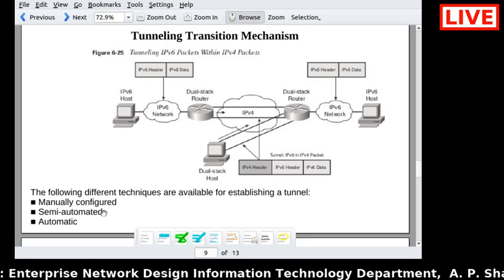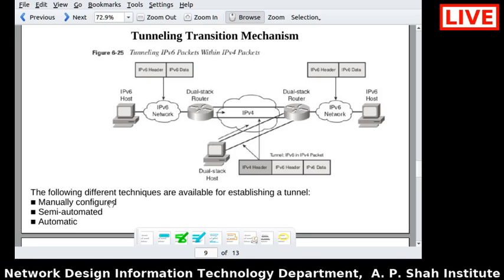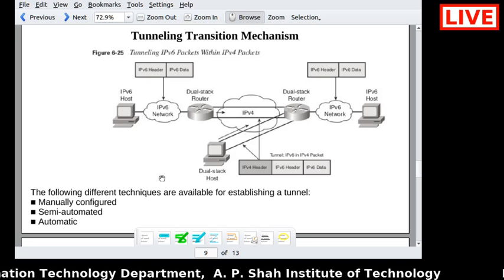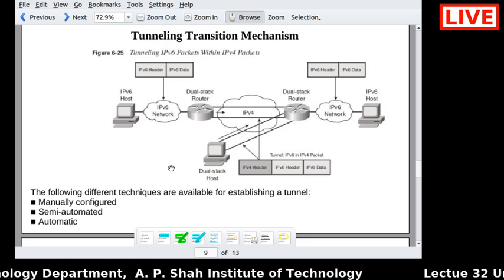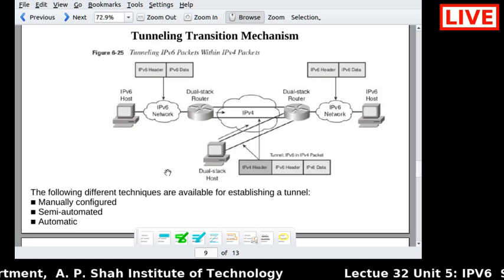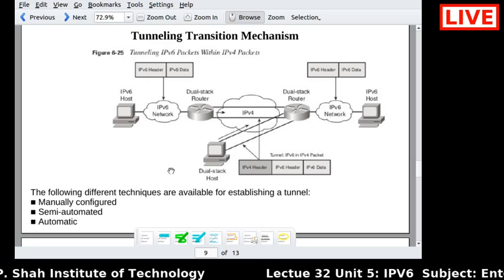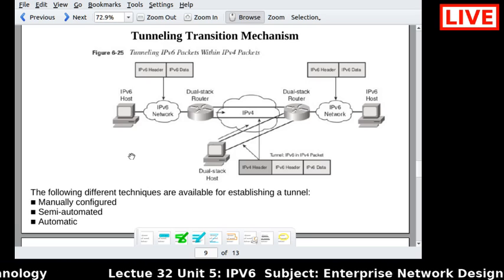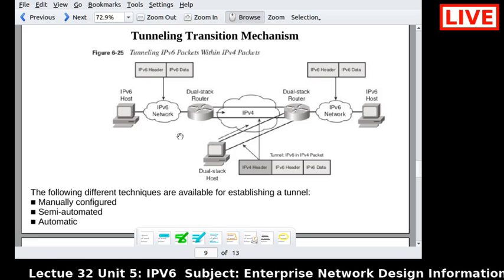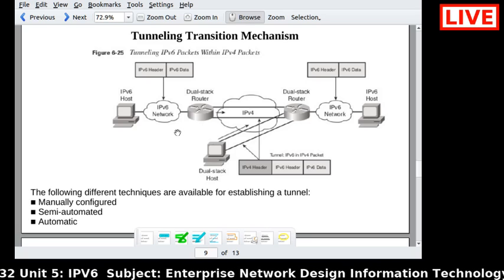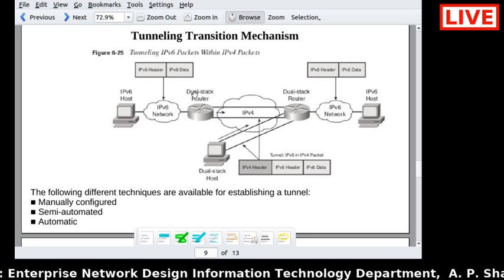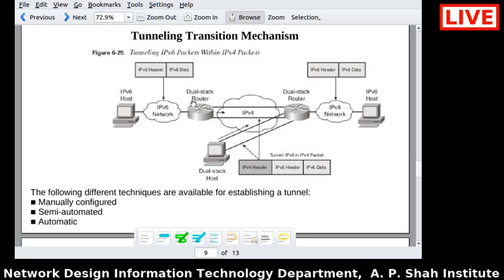Then the semi-automated one. Semi-automation can be achieved by using a tunnel broker, so you use some web-based services to create this tunnel. This tunnel broker is a server on the IPv4 network that receives the tunnel request from the dual stack client, and then it can configure the tunnel on the tunnel server, which we can also call a router.